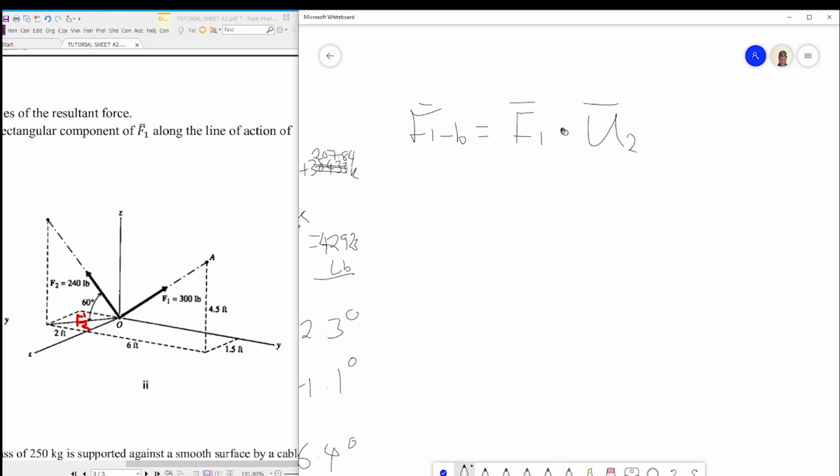Right. We had calculated that unit vector, but I skipped it, so I'll just enter it.